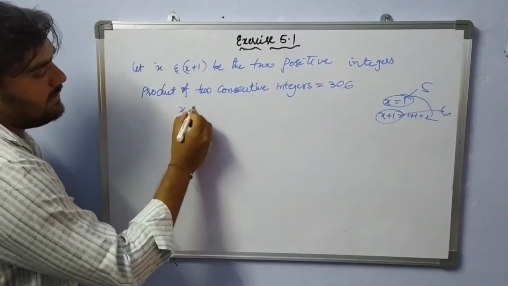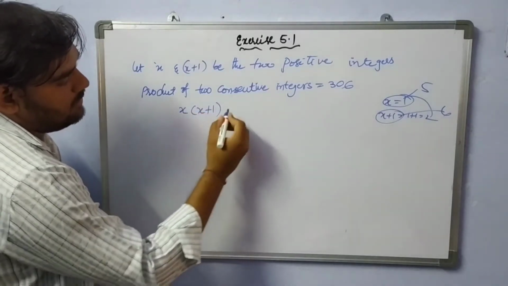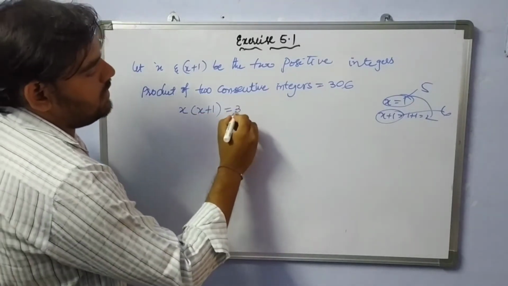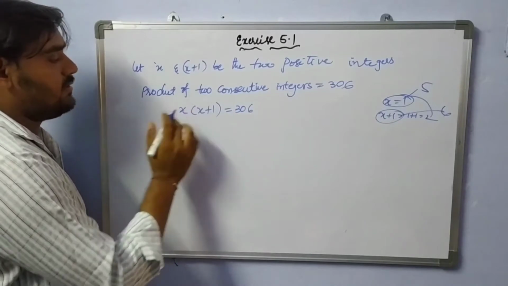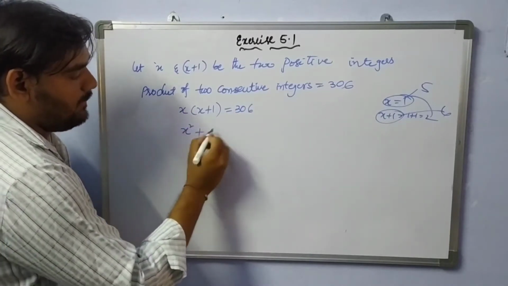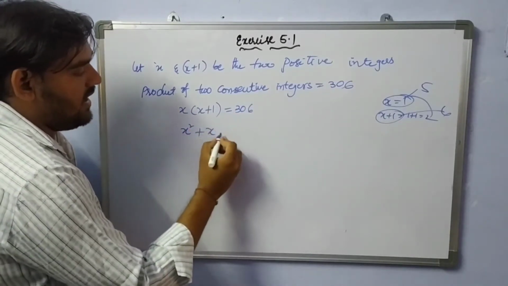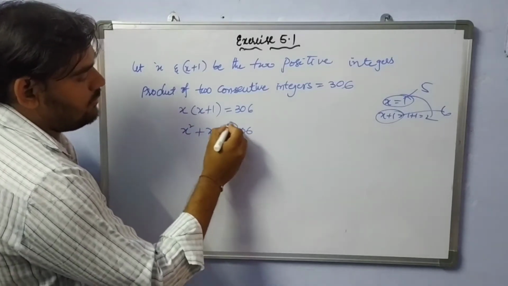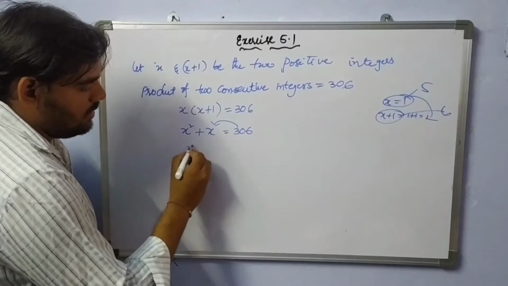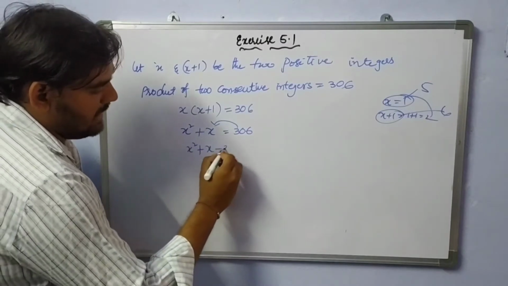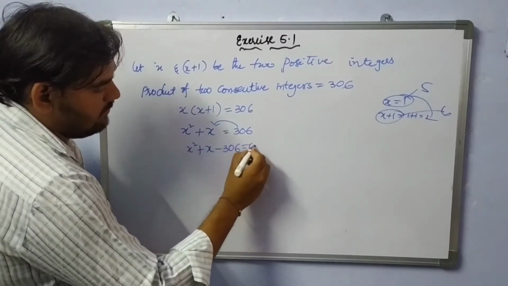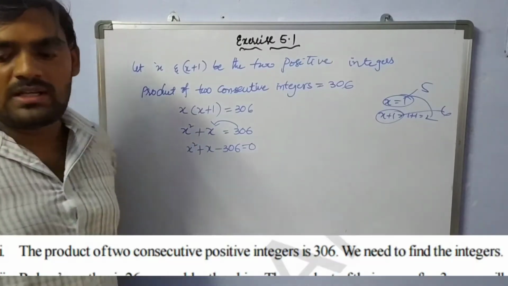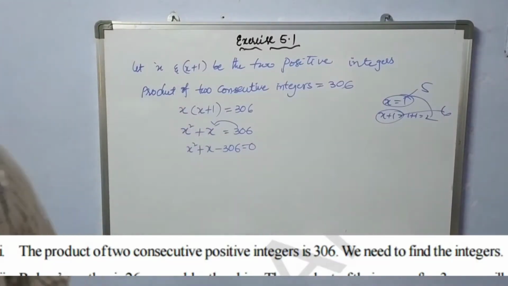Now x into x plus 1 is equal to 306. x into x is x square, plus x into 1 is x, equal to 306. You need to bring it to the left hand side. Now x square plus x minus 306 is equal to 0. This is the quadratic equation. Check once.